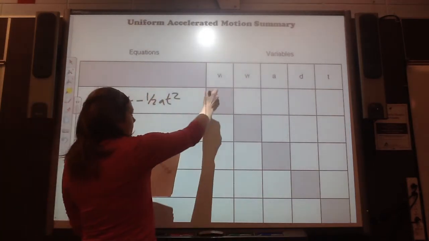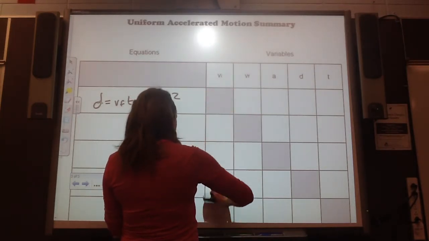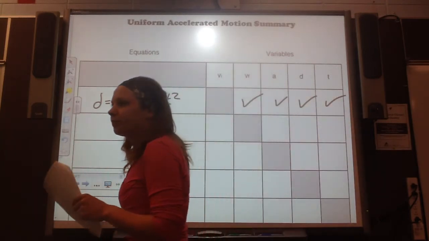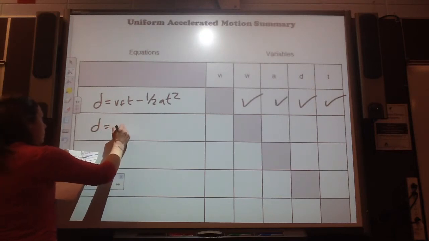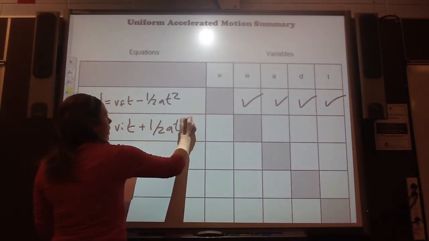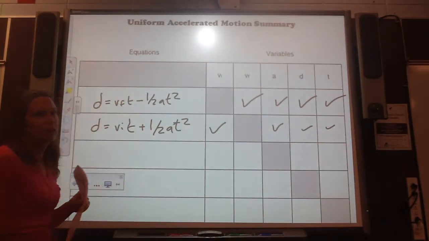This doesn't have VI in it, so you can just leave that as the dark box. And it has VF, has A, has D, has T. The next one, D is equal to VIT plus half AT squared. It has everything but the black box.